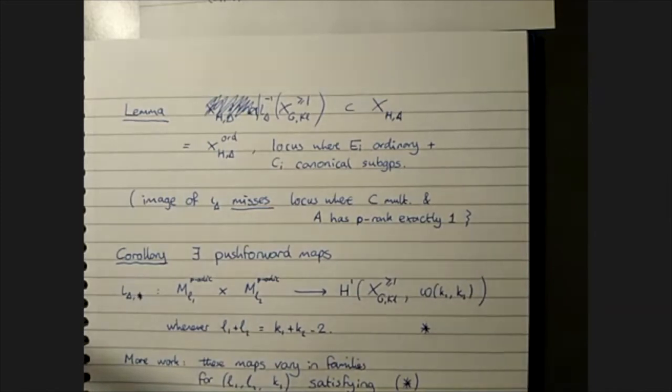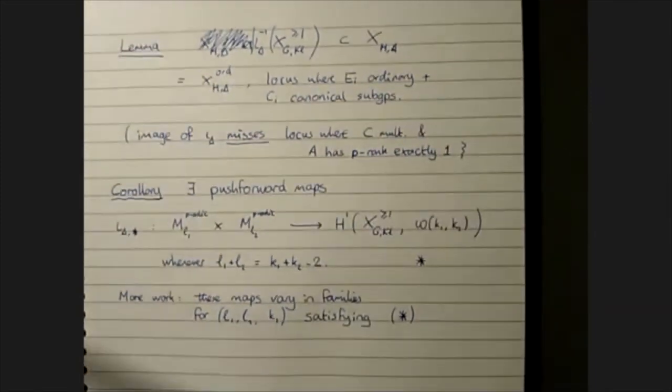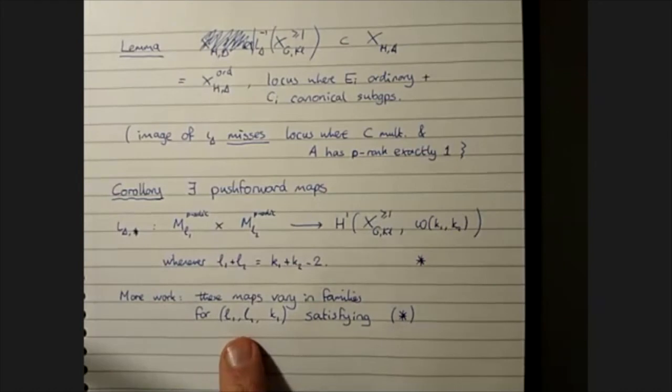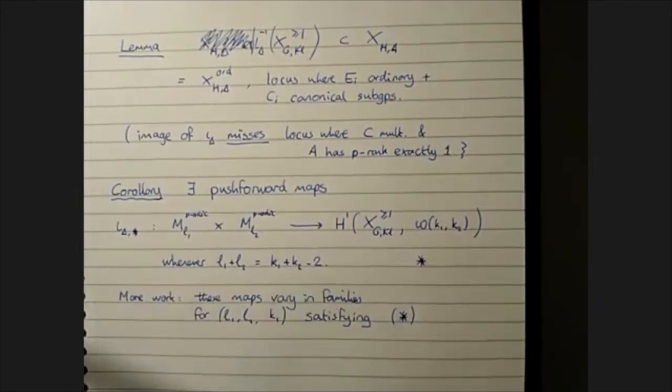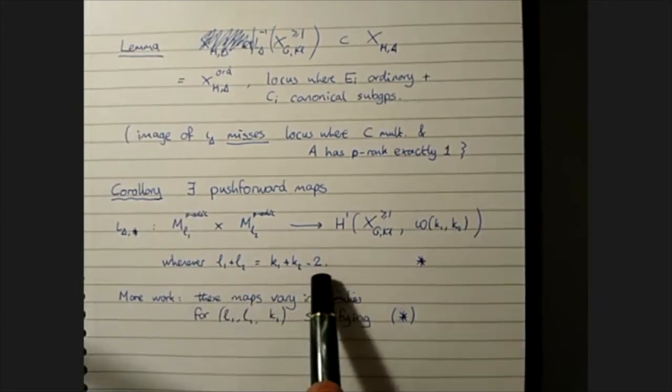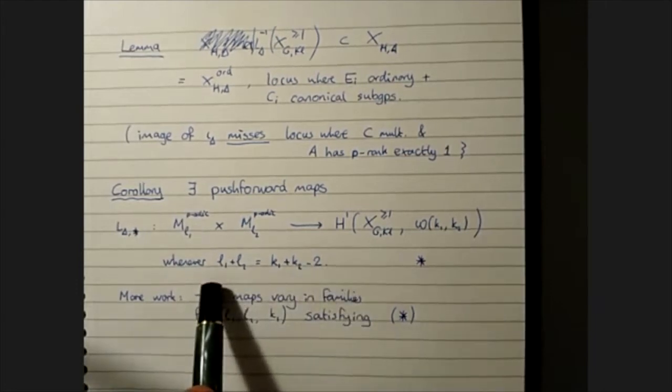So if you have some families of weights varying in a p-adic weight space, L1, L2, and K1 are allowed to vary. K2 remains fixed. That's because we're using this Klingen theory. But you can vary those three parameters as long as you promise to keep this equation satisfied.